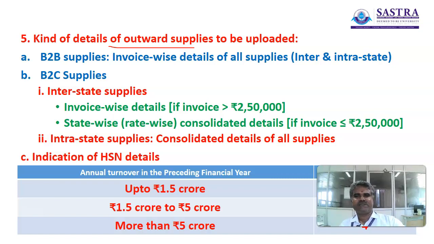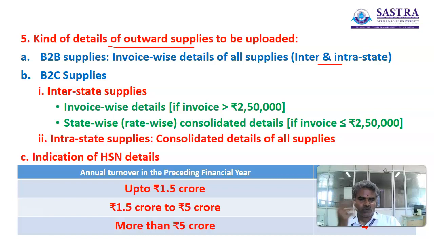B2B supplies, invoice-wise details of all supplies, both inter and intrastate. B2B, business to business, means transfer of goods from one entity to another entity, one company to another company.